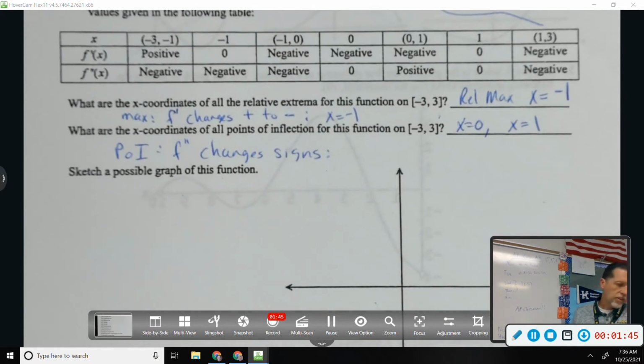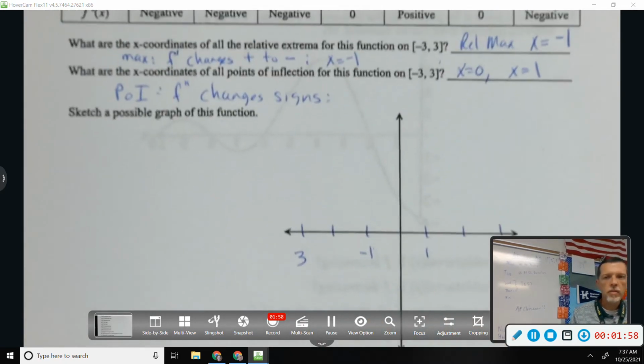And now I want to sketch a graph of this thing. So it looks like the 1s and the 3s are the only sort of points that matter to the graph.